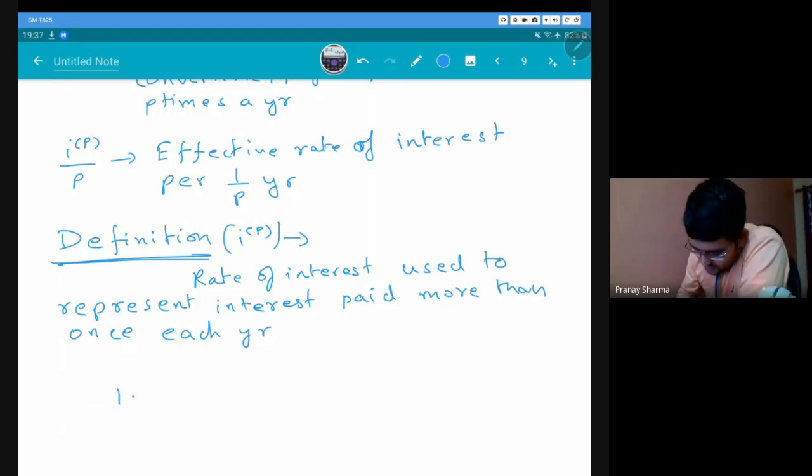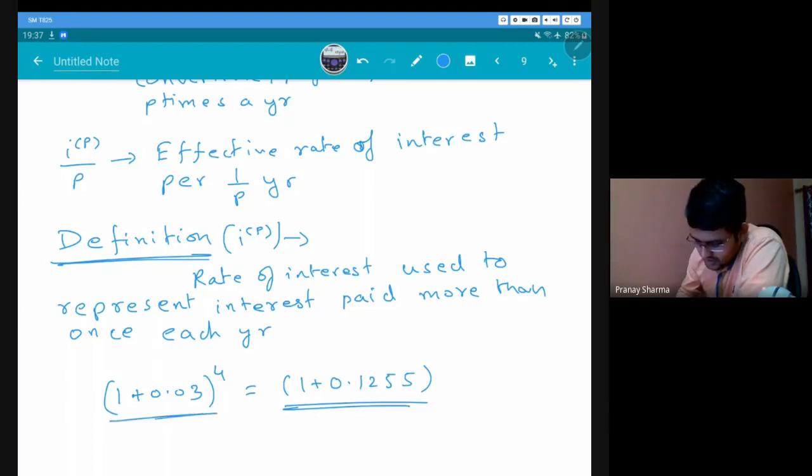Here we said 1 plus 0.03, I did it 4 times in a year. That gave me 1 plus 0.1255. This is what I got, right? Because I compounded it 4 times a year.